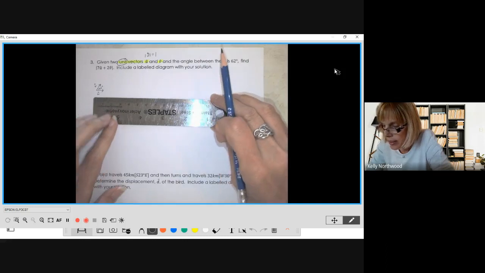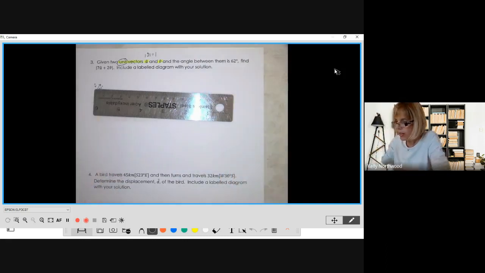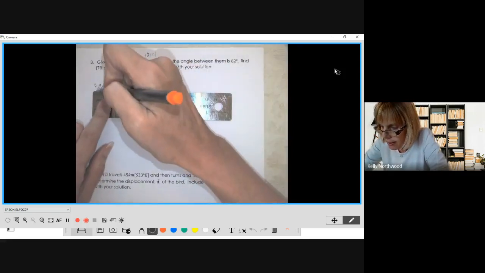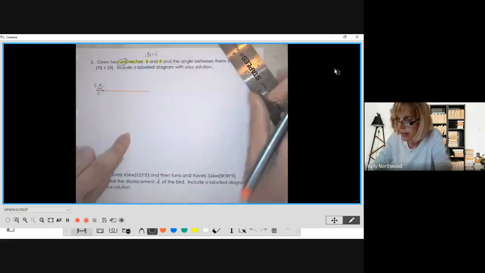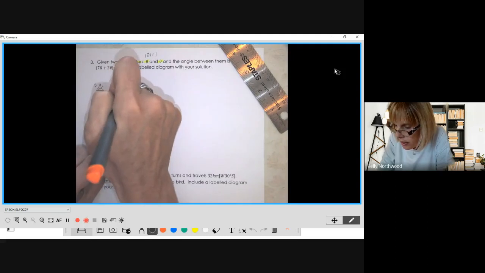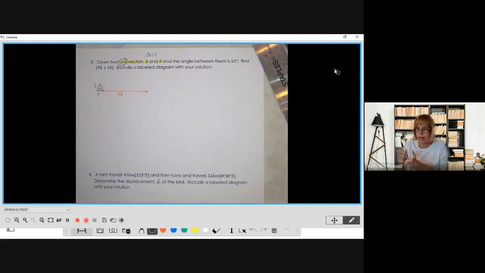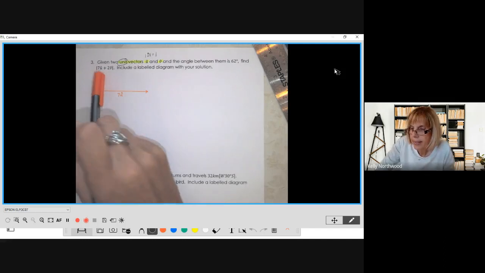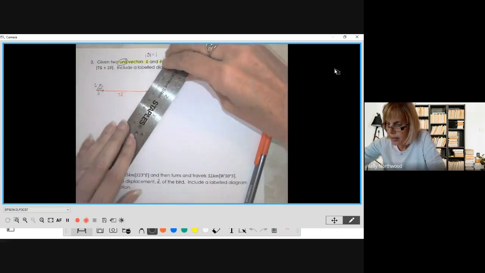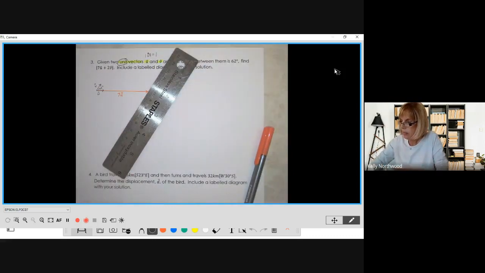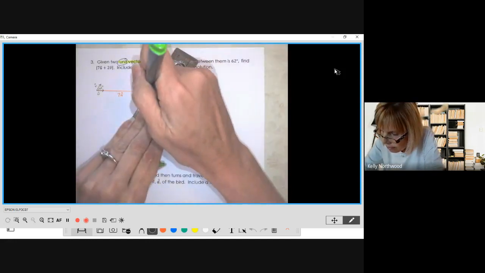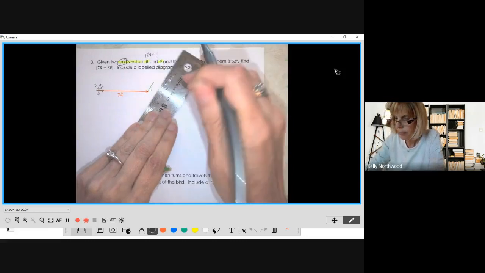So 7u hat's going to be 7 times as long as u hat. So I'm going to draw 7u hat like this. Just approximate here. I'm going to say that's 7u hat. And then we're adding 2v hat, so adding is going to have the same direction, not the opposite direction, and be twice as long. So 1, 2.